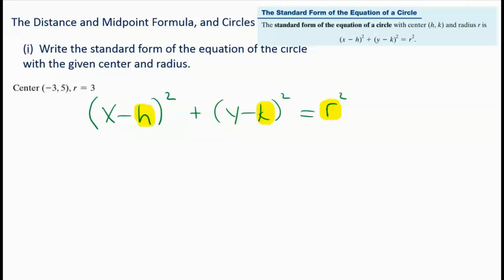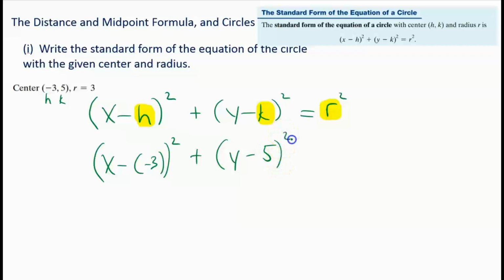You want to leave the x and the y in your equation, so when you finish, you have the equation of a circle. Now, what is my h and k? Well, h is negative 3 and k is 5. And of course, it says r is 3 right there. That's your radius. So I have x minus a negative 3 squared plus y minus 5 squared is equal to 3 squared. Now, what are you supposed to do to simplify?